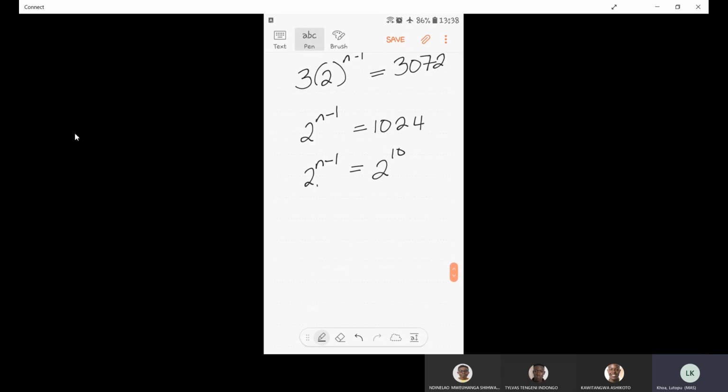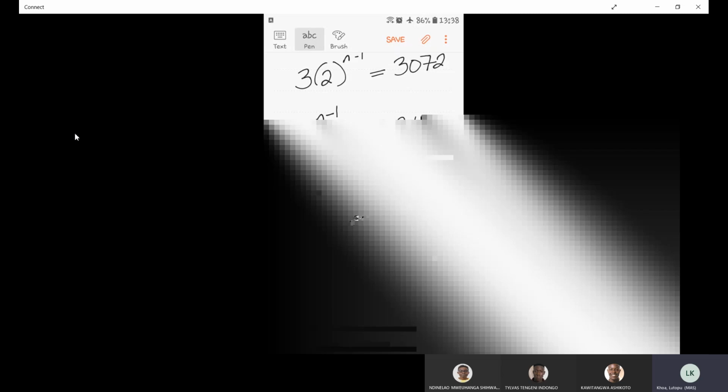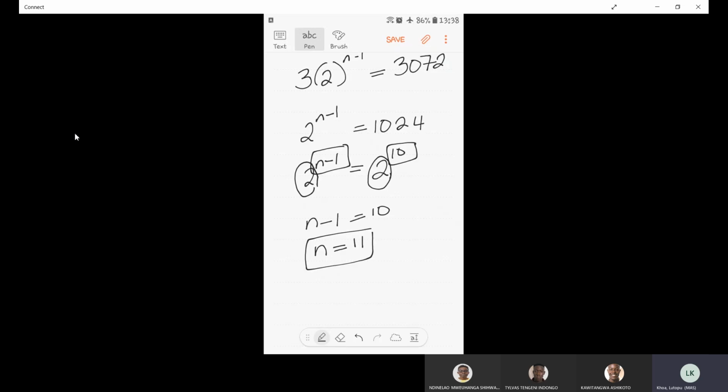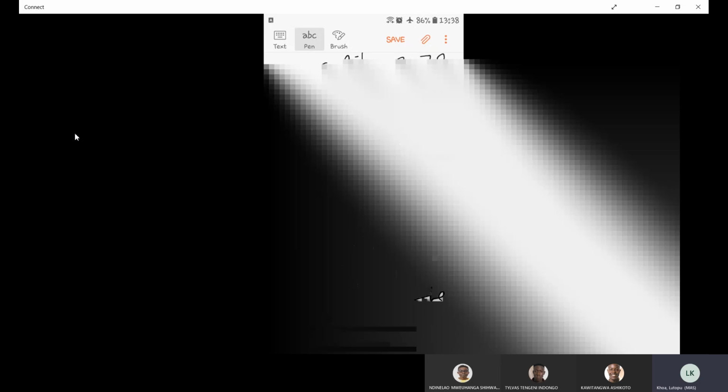Now my bases here are the same, so it means that my exponents should also be the same. So I have n minus 1 equal to 10. This means that n is equal to 11. Now if n is equal to 11, this means that there are 11 terms in the sequence.